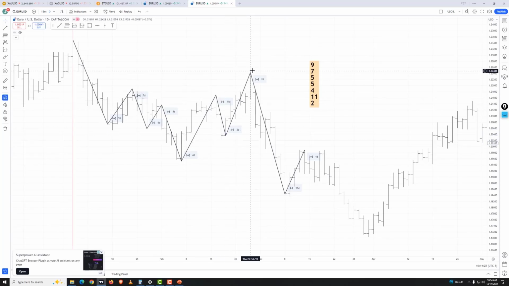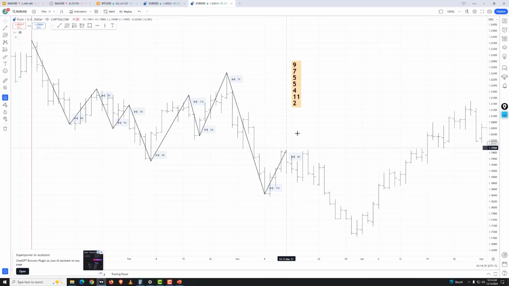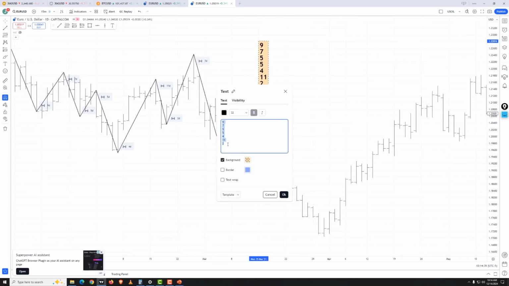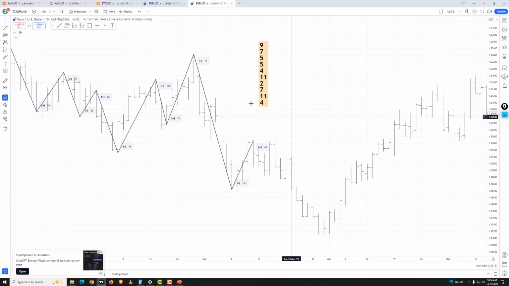From this top to this bottom, we have 7 days. From this top to this bottom, 11 days and 4 days. So that will be 7, 11, 4. Okay. 7, 11, 4.